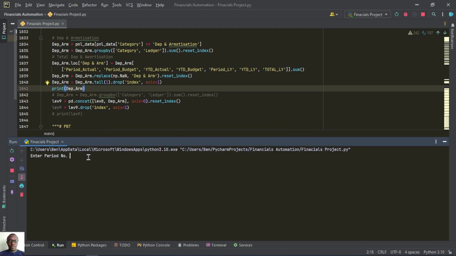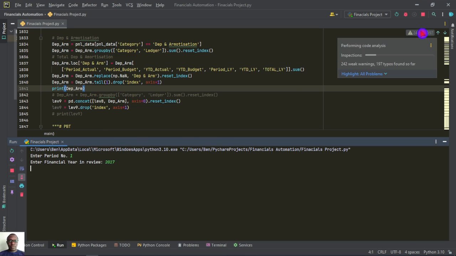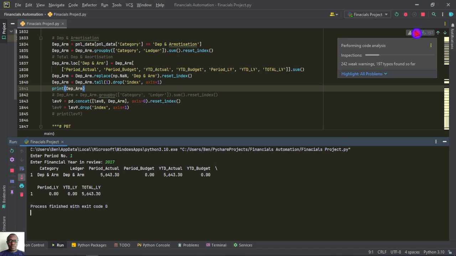So the period number is 1 and the year in review is 2017. So this is what we have as our depreciation and amortization. So after grouping, by now you can see we have a single row with the category, ledger, and these are the numerical columns.